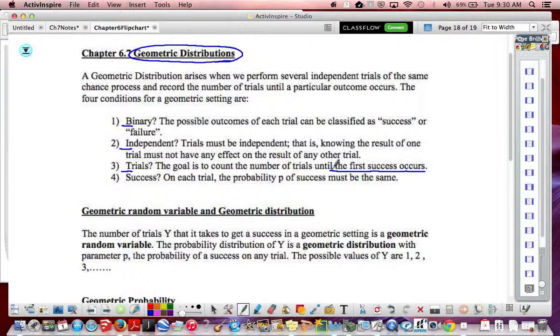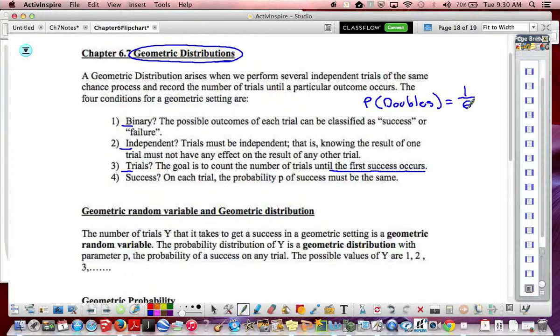When rolling a pair of dice, the probability of doubles is 1 out of 6, because there's 6 sets of doubles out of 36. Or sorry, not 1 out of 36, 1 out of 6.